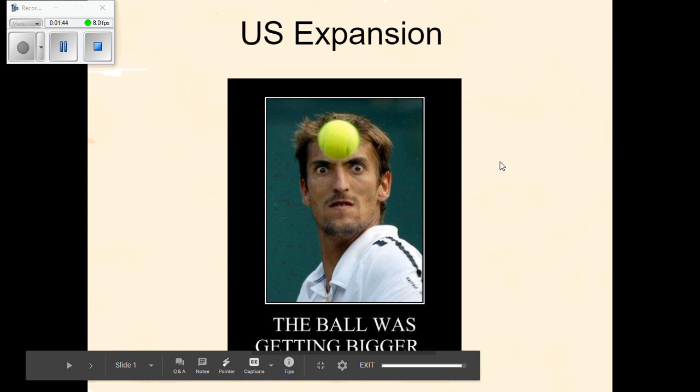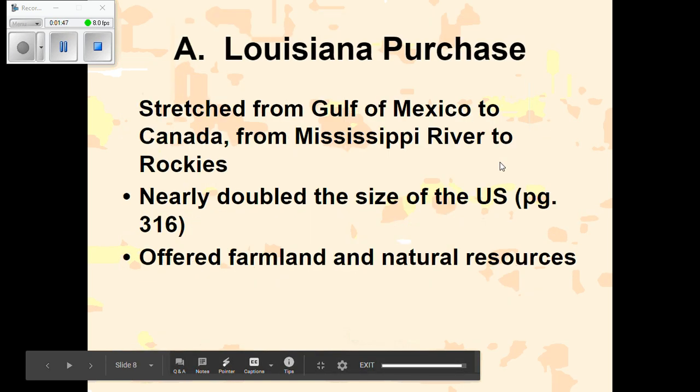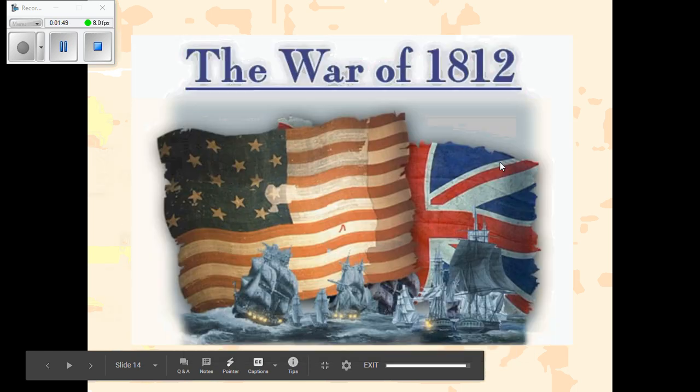So to recap, we already talked about expansion, especially the Louisiana Purchase the other day, and Lewis and Clark. And so amidst all of this, when we're trying to make the country larger and push out west, you have this War of 1812, which you want to call U.S. versus Britain Part 2, or version 2.0. After the American Revolution, England was still hanging around.